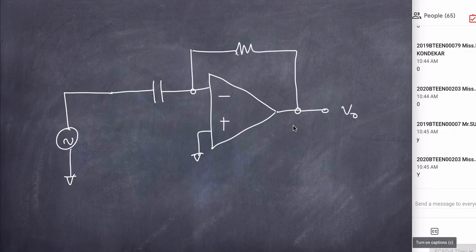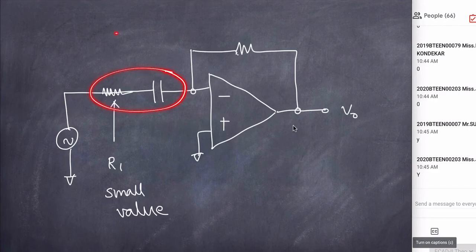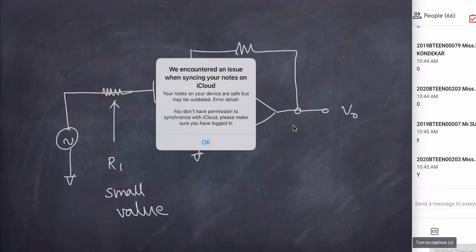And in order to avoid such a problem, we can add a small resistance R1, small value. Why small? Because this total should be very close to a capacitor. If we have a large value, then resistance will dominate capacitance.